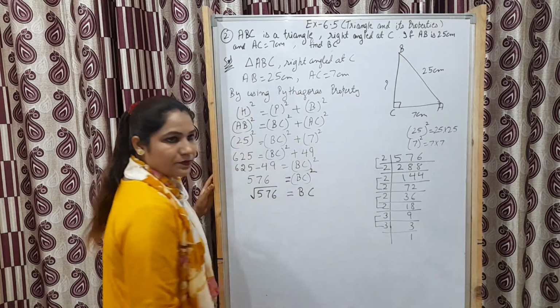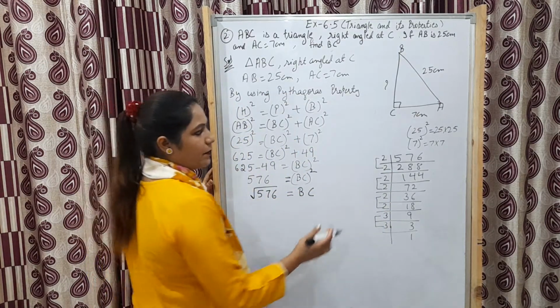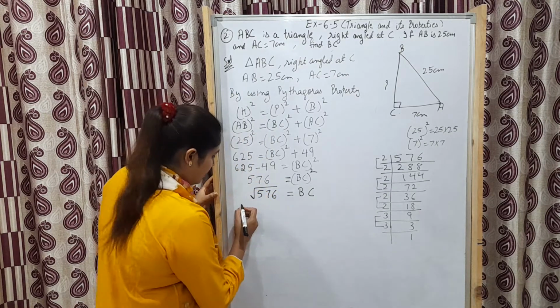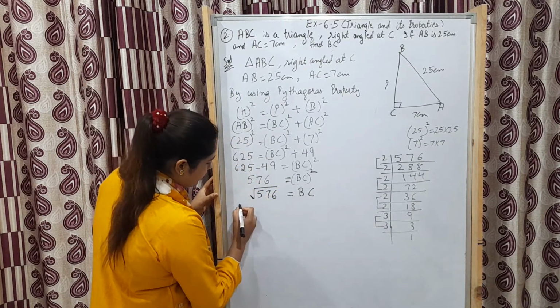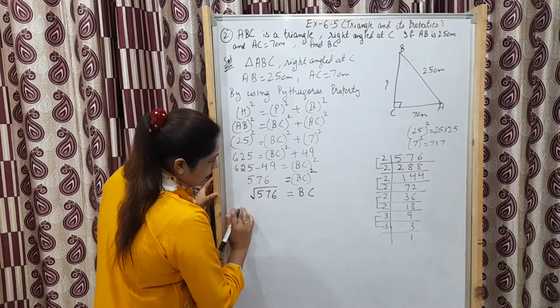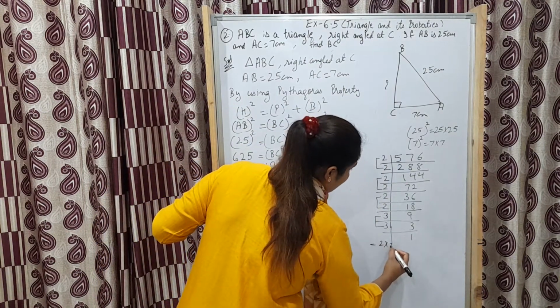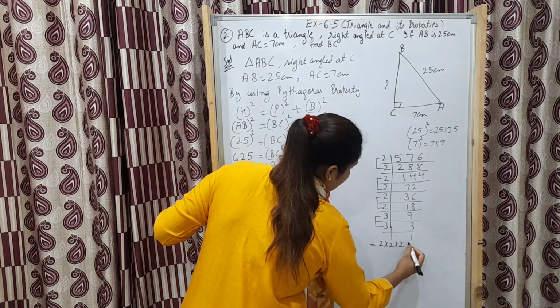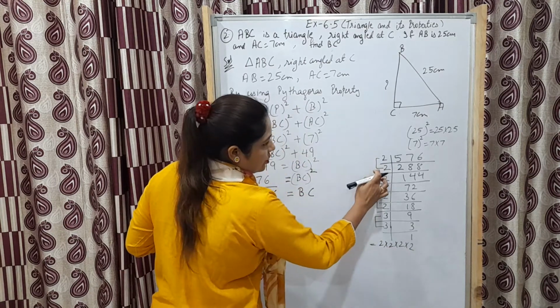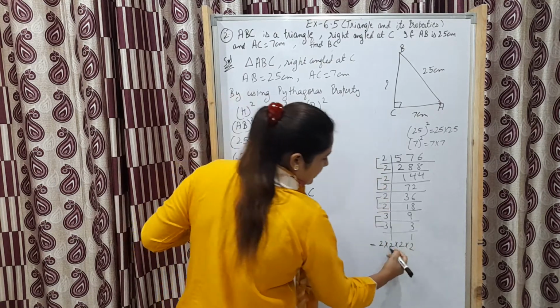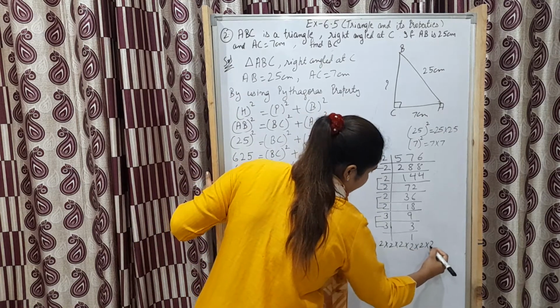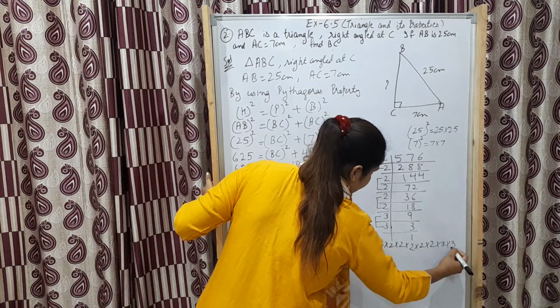Now square root 576, make pairs. In the previous question we made pairs, here also we will make pairs. So 576 you can write as 2 into 2, again 2 into 2, 1, 2, 3, 4, 5, 6, 6 times 2, then 3.